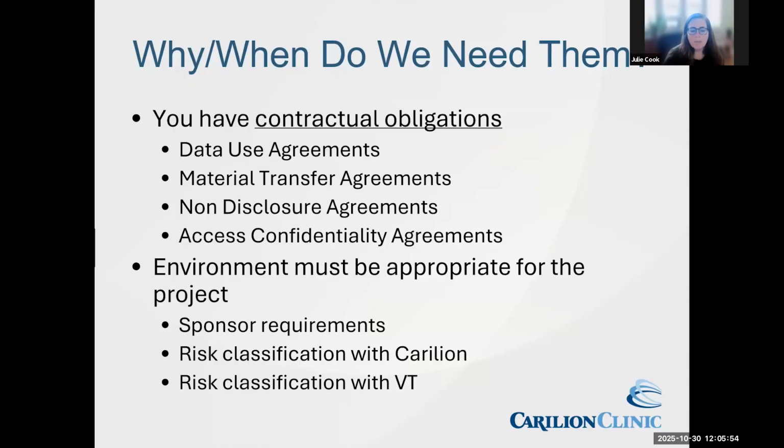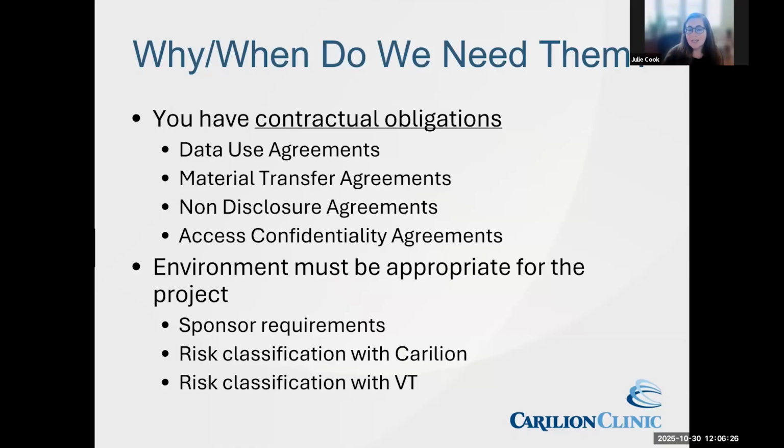So we also need to think about contractual obligations. In some cases, when you're conducting research, you might have data that might not be protected health information or regulated by HIPAA. It might be even de-identified data. But if you have a contractual obligation to protect it, either from your sponsor or because you received the data from another institution in a data use agreement, you have to protect that data according to the terms of those contracts.